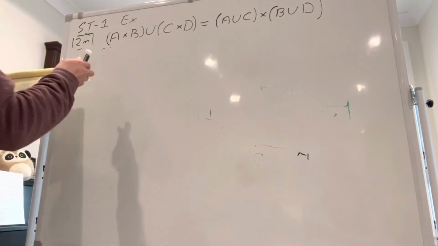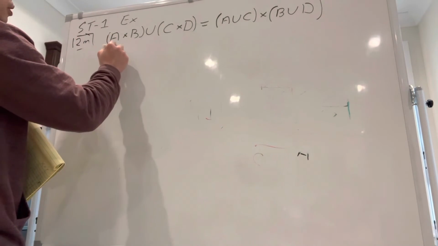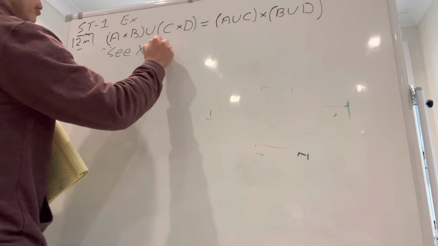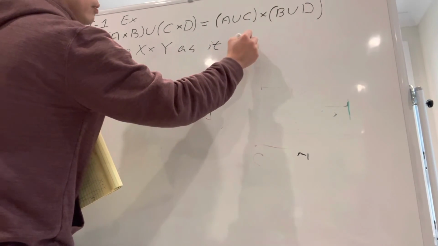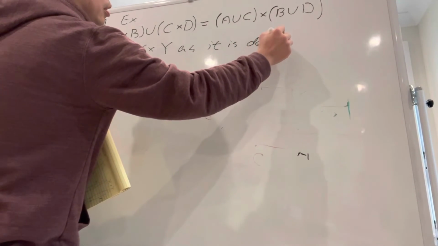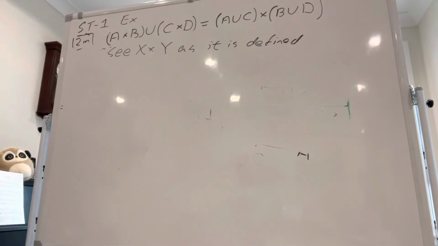The third method, I'm going to say just X cross Y as it is defined. Using the analogy from pages 1 to 11, that second method I talked about is basically some interpretation, some application you added to the Cartesian product.